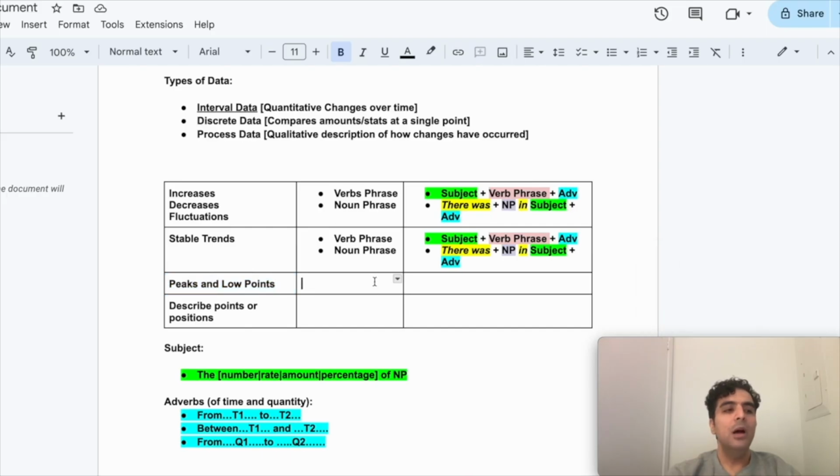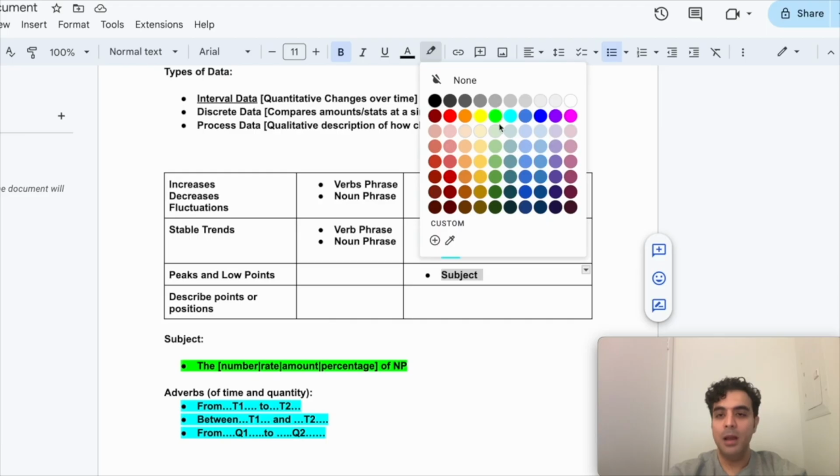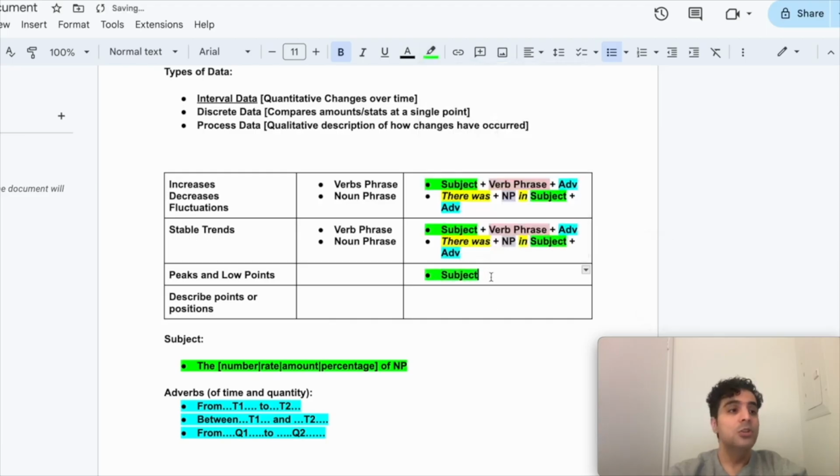Well, we only have a very simple structure here, and that is very similar to the structures that we have seen before. I'll show you exactly how these structures can be used. So basically, you start with the subject, right? So I'll leave the structure here. We have the subject, which is going to be color-coded in green, because it's identical to the structure that we have used before.